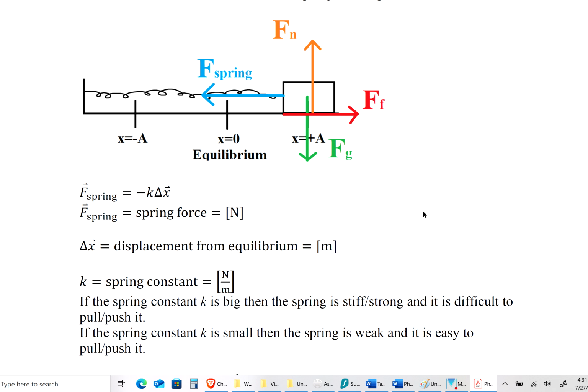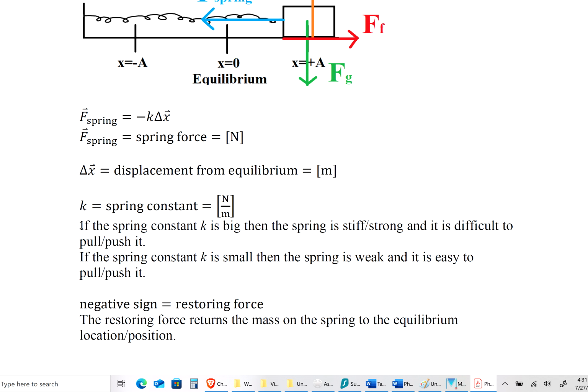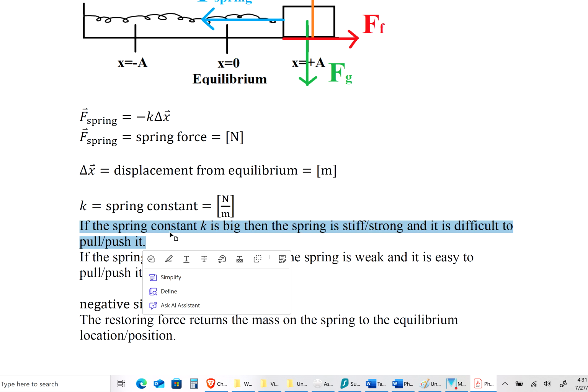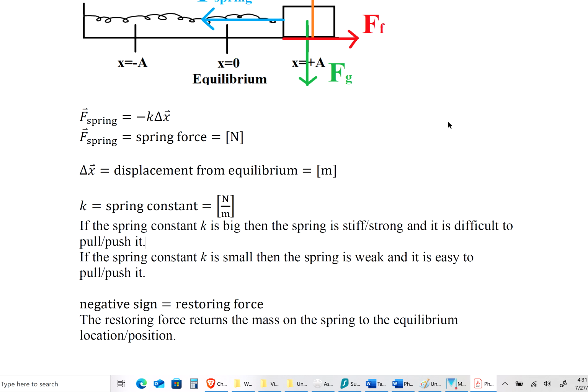Force of the spring is minus k delta x, where delta x is the distance from the equilibrium position, or the displacement from the equilibrium position. The force of the spring is called the spring force. k is a spring constant. So if k is big, then the spring is stiff. It's difficult to get that spring to compress.